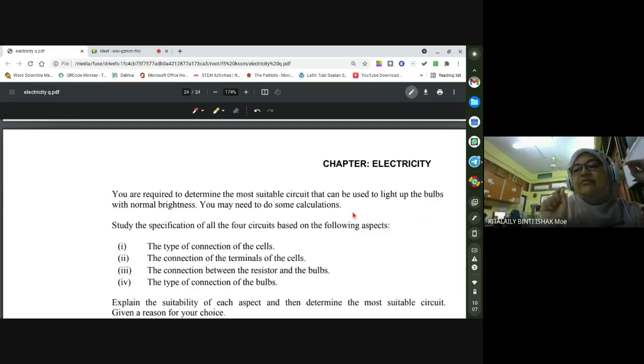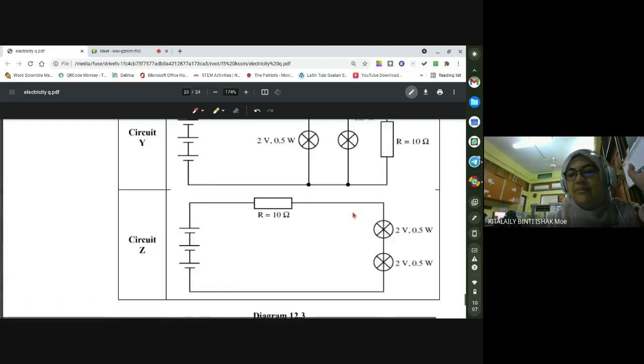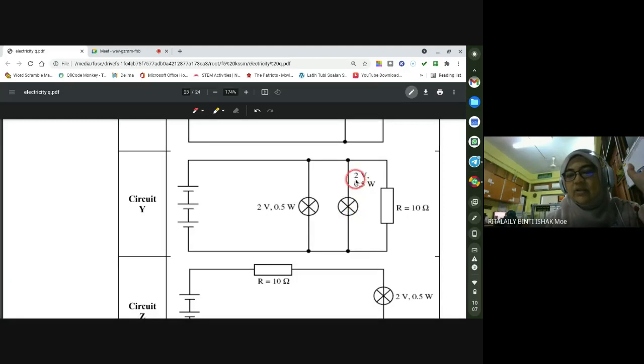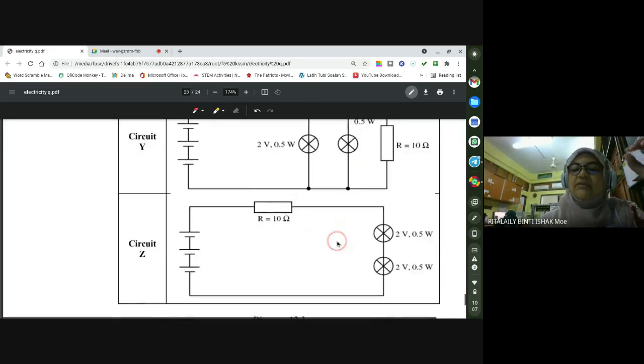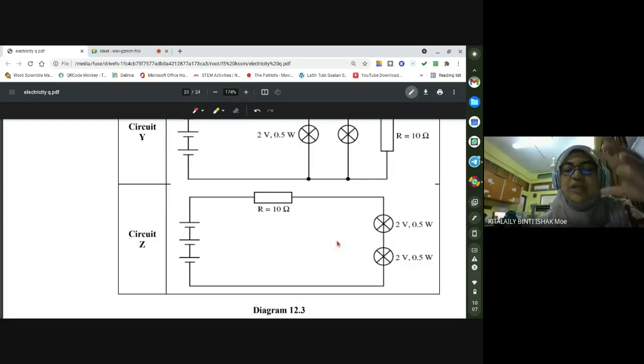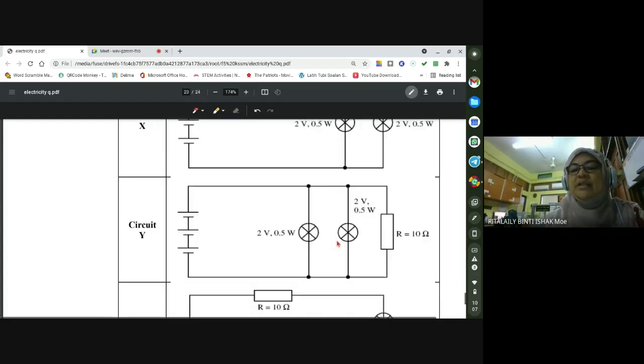If the question states light up the bulb with normal brightness, we must make sure that the bulb receives enough voltage. If the bulb is, let's say here, 2 volt, then it needs 2 volt. If the voltage is less than 2 volt, it will not light up in normal brightness.